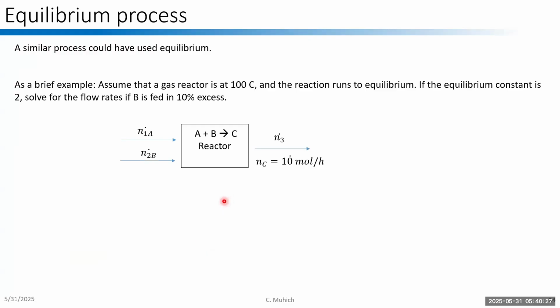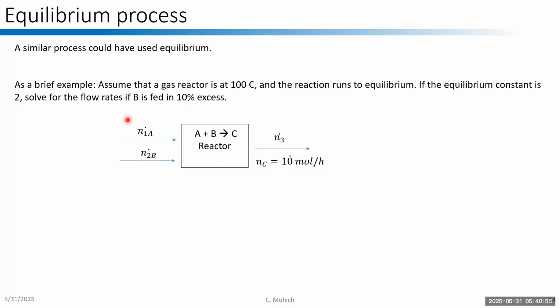So we could have a reaction that reaches equilibrium. So let's assume that we have a gas reactor that's sitting at 100 degrees C. The reactor runs to equilibrium, and our equilibrium constant is 2. Let's solve for the flow rates if B is fed in a 10% excess.